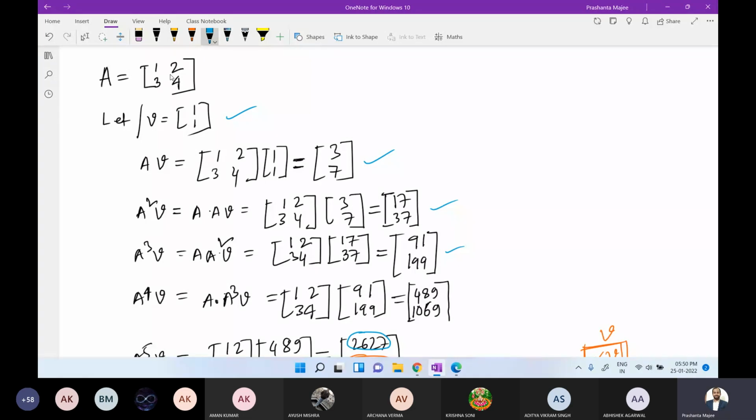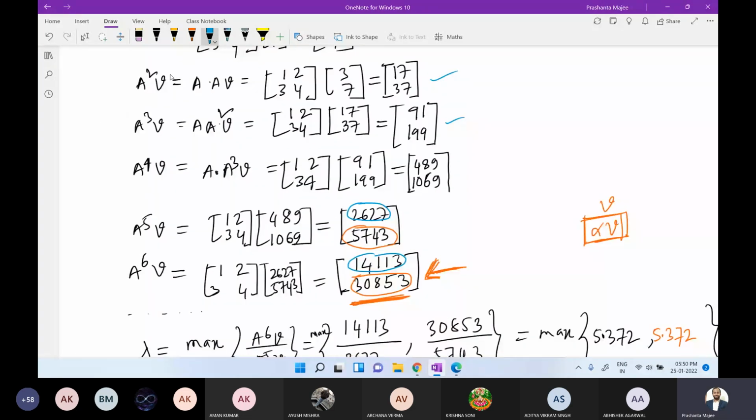Okay. Again, you keep on pre-multiplying the vector with the matrix A. So A to the 4th V will be 489 and another component will be 1069.